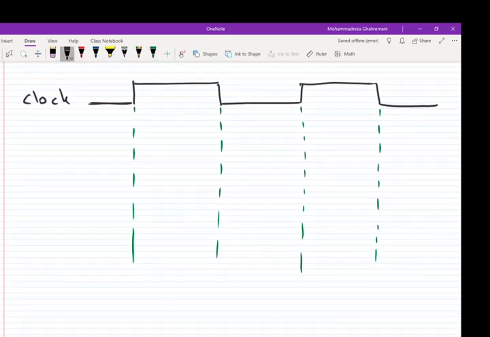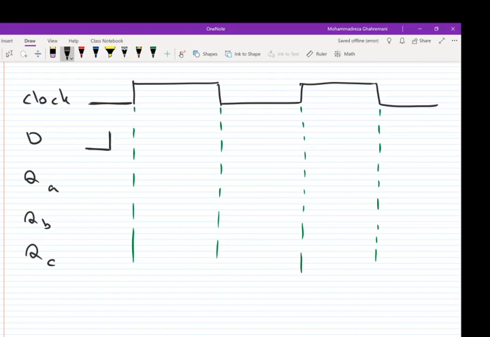In timing diagram, we have clock, we have input, and we are supposed to find output. So QA, QB, and QC. So we have clock, we have input. Let's see what is the input. So by the way, let me just finish it first.